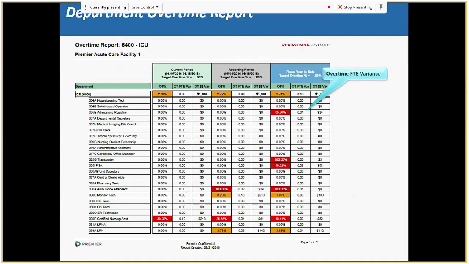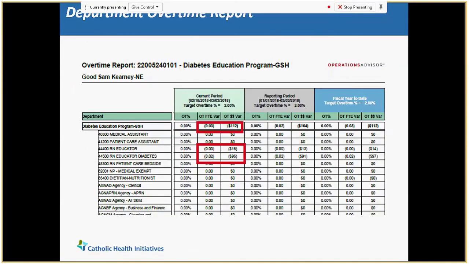If you do look at this though, one thing to keep in mind is those negatives again. You might see a variance here. Even though this department didn't have any overtime, it looks like we had a variance. That's just because that's the threshold or the gap between what was expected at the 2% level.